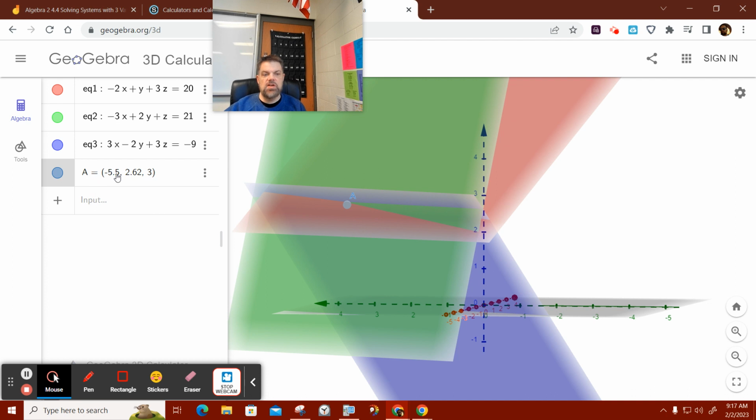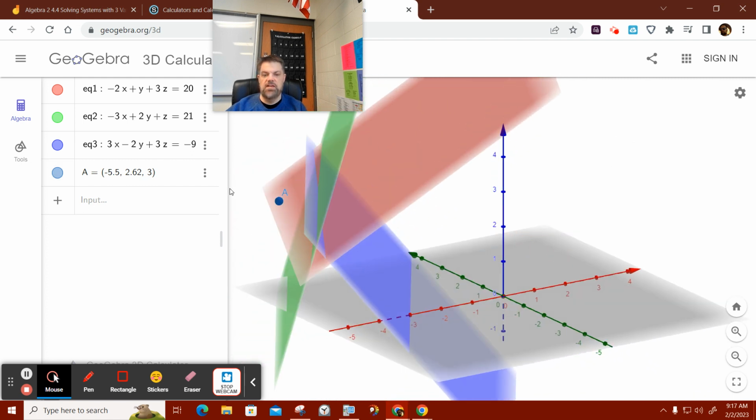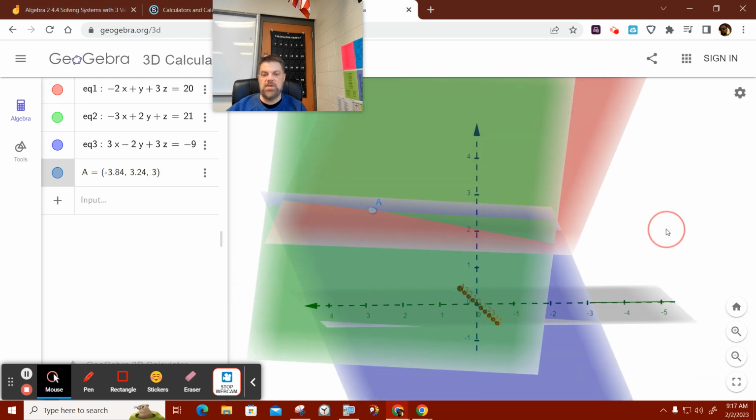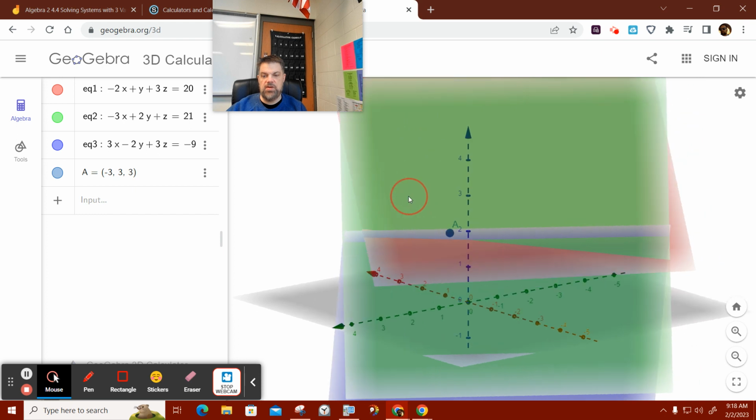That's pretty close. So it's about -5.5, 2, and so on. That's about where we think it'll be. Oh, actually, it's way off, right? So that's pretty close. It looks like maybe -3, 3, 3, or something like that. I'm just going to guess and say it is probably -3, 3, 3. Hit enter. Actually, no, it's way off.